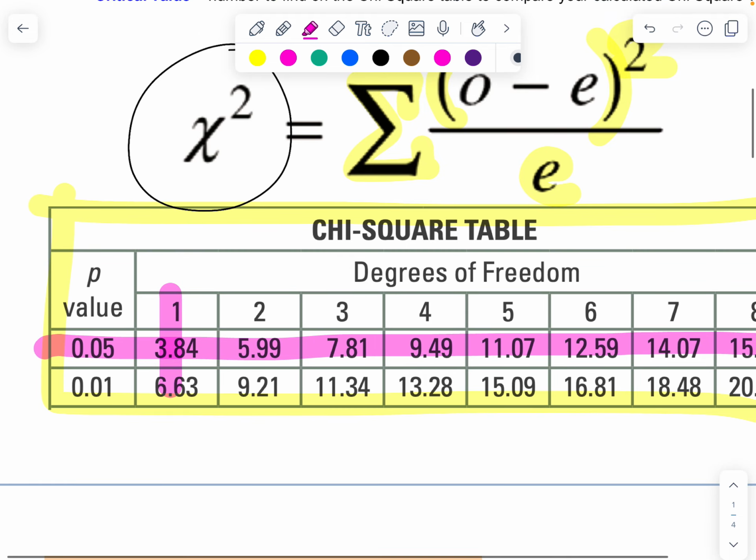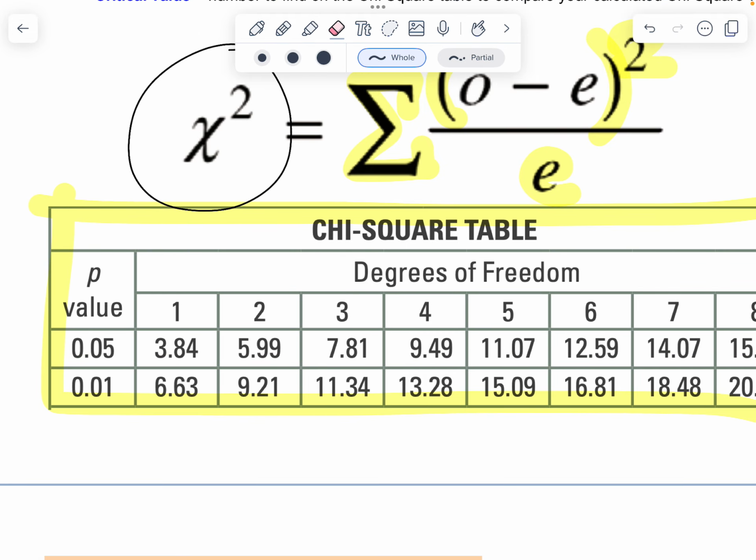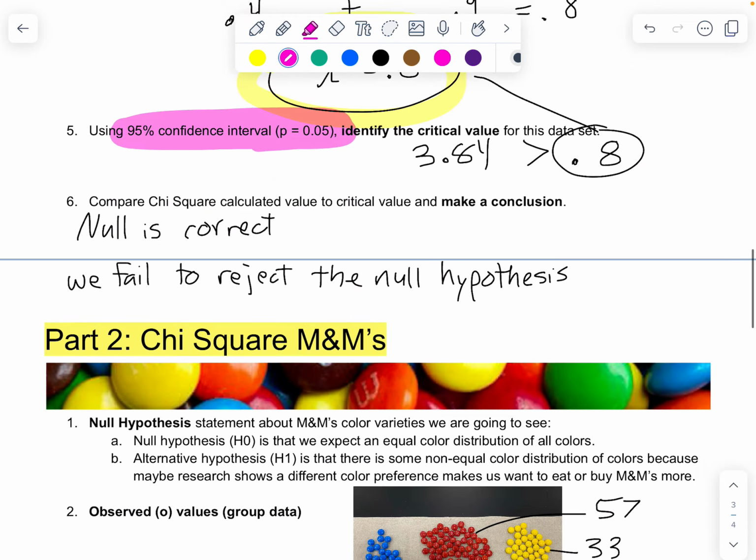So let me erase this. The 95% confidence interval, the p-value of 0.05, just tells us this. The degrees of freedom is the number of possible outcomes minus 1. There were 6 color varieties. 6 minus 1 is 5. So we match up the columns and the rows, and we use 11.07 as our critical value.